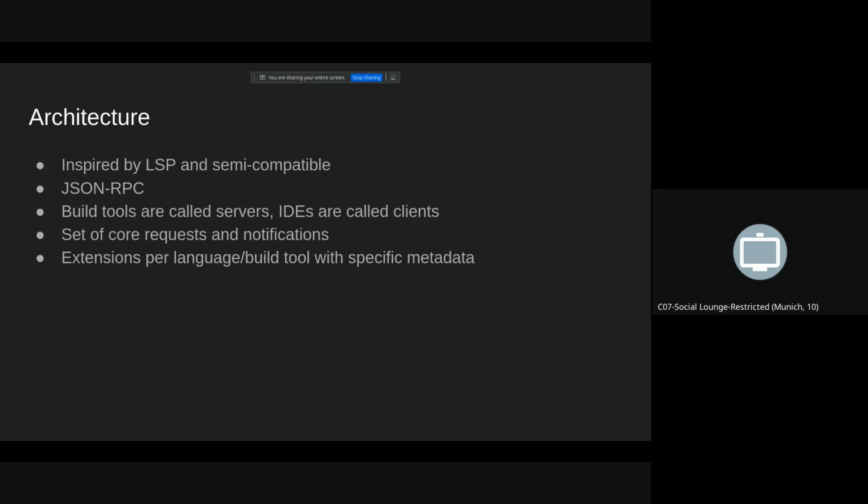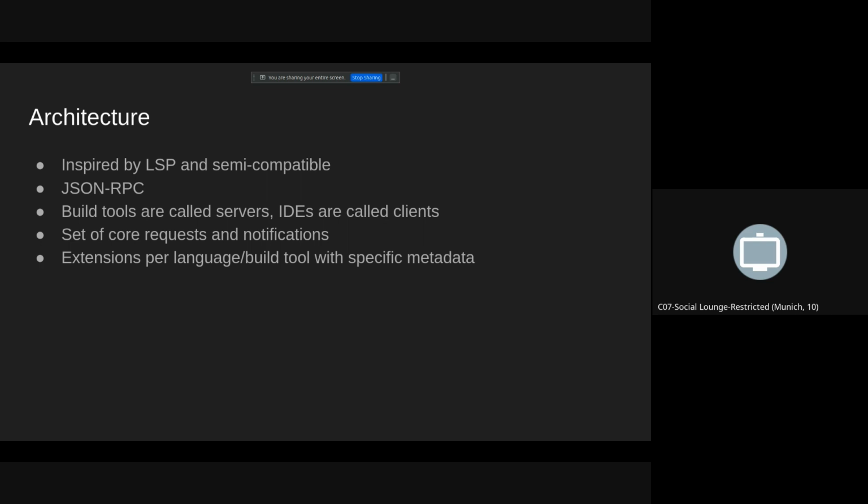So the architecture of BSP is very similar to LSP. It's also a JSON RPC protocol. Well, not exactly client-server architecture, but for simplicity, we call build tools servers and IDEs clients.